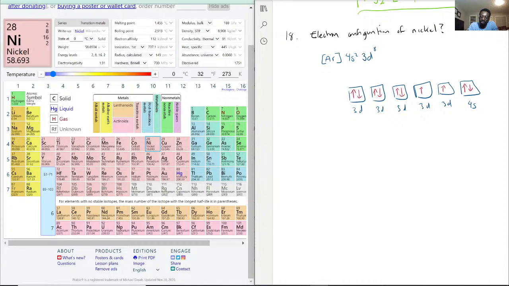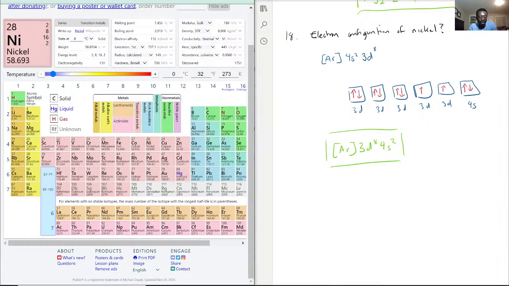No. So with that, this is going to be the electron configuration of nickel. Well, actually, sorry, minor adjustment. I even did it down there. Because you want to make sure you put your lowest number first, this right here would be the electron configuration for nickel.